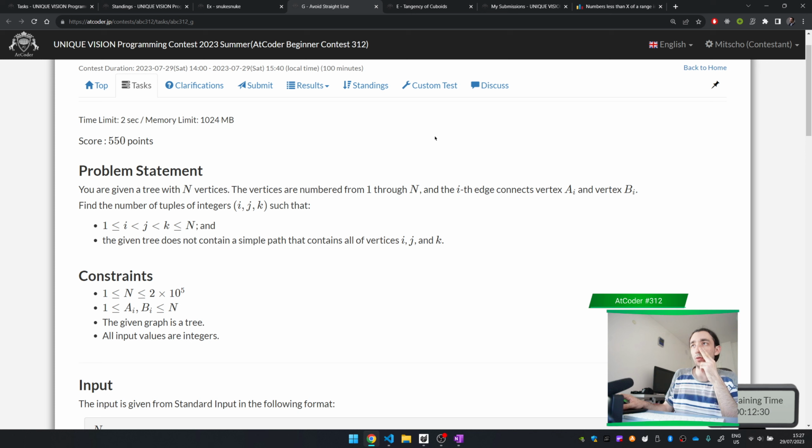So for each node, we want to see how many paths go through this node that have smaller I and smaller.